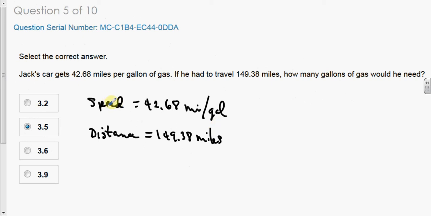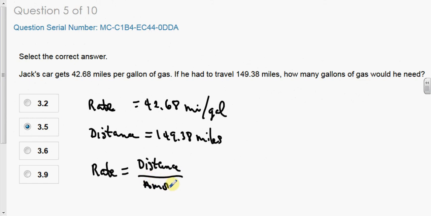And this is actually not a speed, excuse me, this is the rate. Please forgive me. And so here, this rate is equal to the distance divided by the amount. So to get the amount, we divide the distance by the rate.